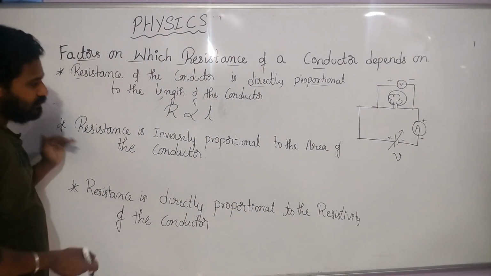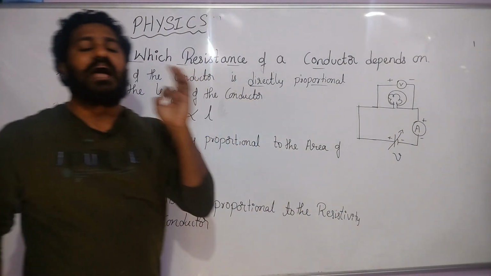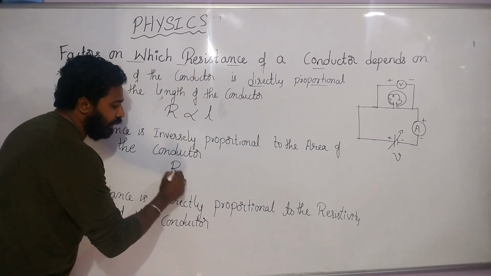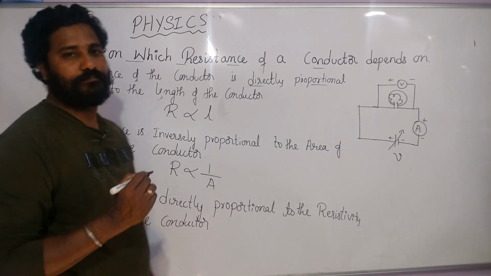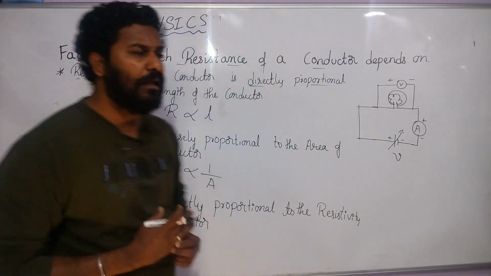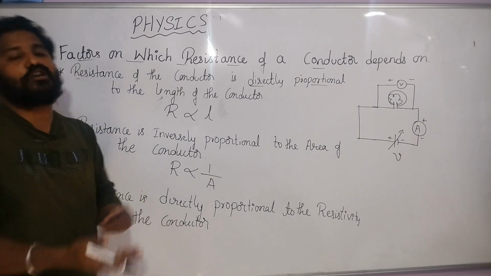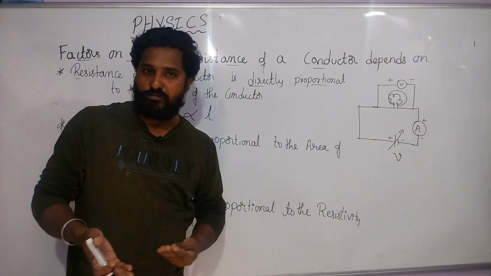The next point: the resistance of the conductor is inversely proportional to the area of cross section of the conductor. So R is inversely proportional to 1 by A. What do you mean by that? You can see that it is in the denominator; that is called inversely proportional. If it is in the numerator, that is called directly proportional.